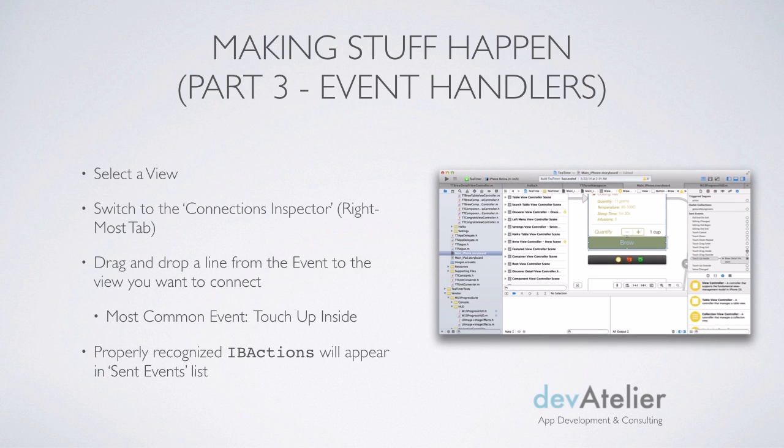So what do we do if we want to make the button do something? It's the same process, but instead of going to the outlets, we click on the actual element, and then a list of events will appear. It's in the same tab, the Connections Inspector.